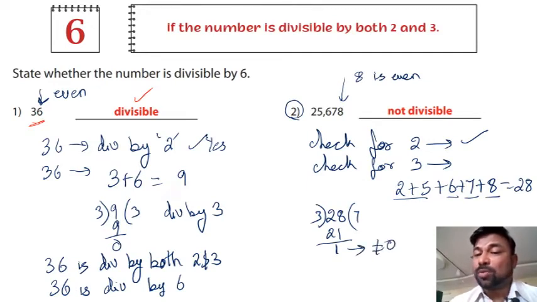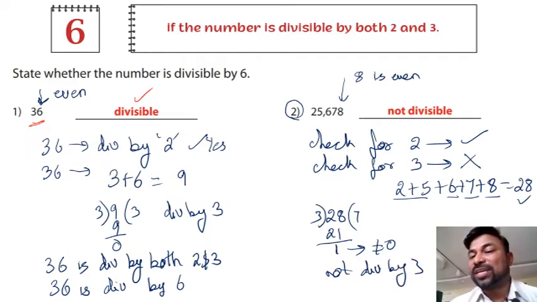The sum of all the digits is 28, and 28 is not divisible by 3. So this number, 25678, is not divisible by 6.